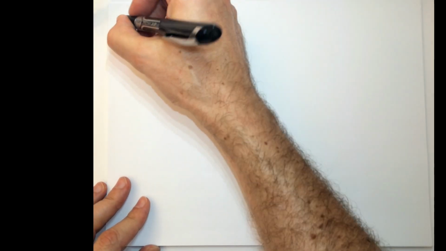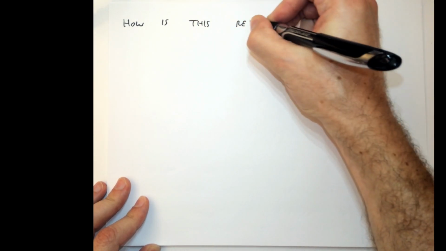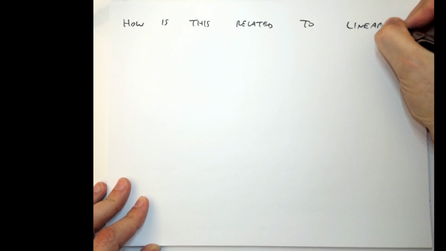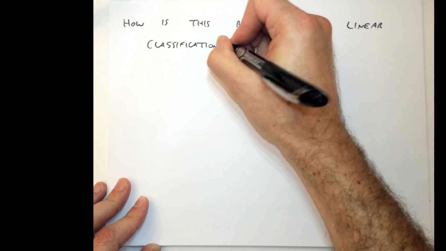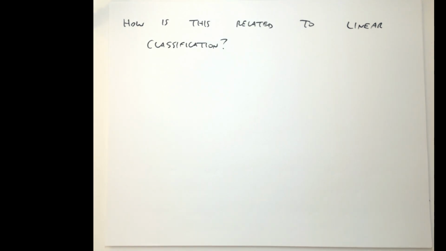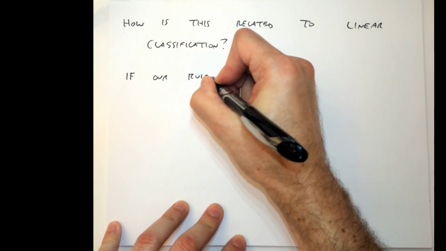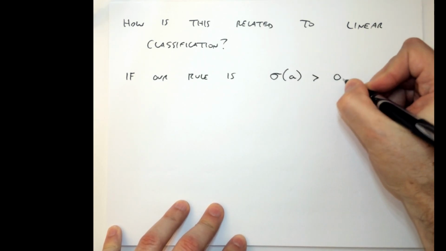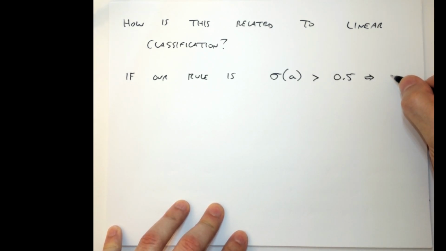So how is this related to linear classification? Well, our rule is choosing class 1 if sigma is greater than 0.5.